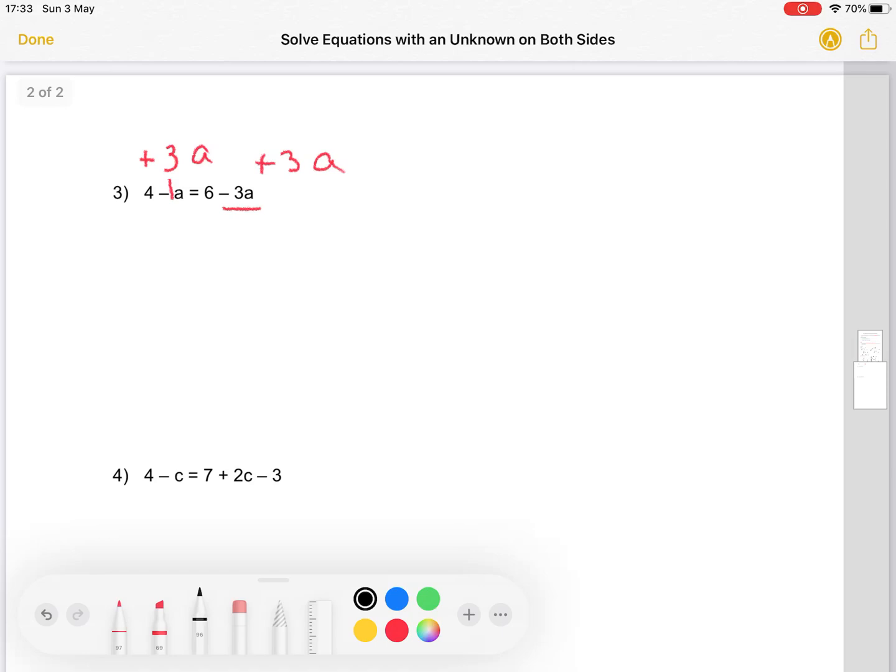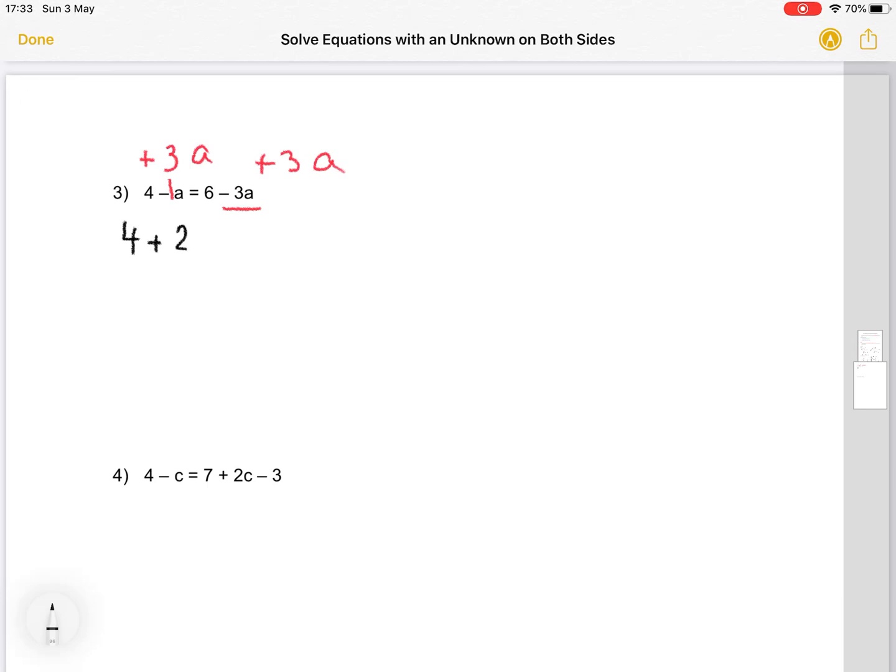So the equation now becomes 4, 3a minus 1a, it's plus 2a equals, on the right hand side I end up with a 6 because -3a plus 3a, it's a 0. 0 plus 6, it's 6.